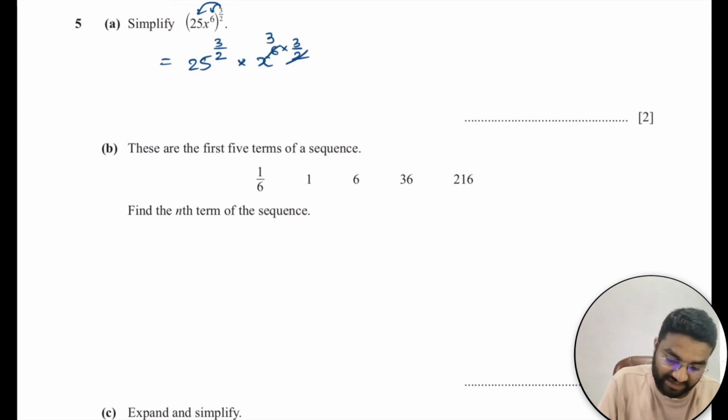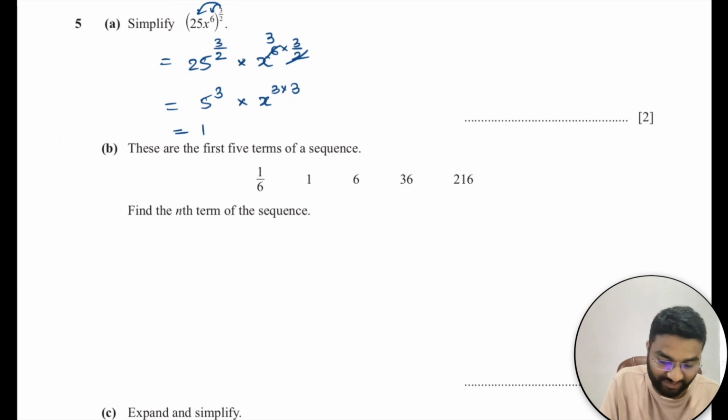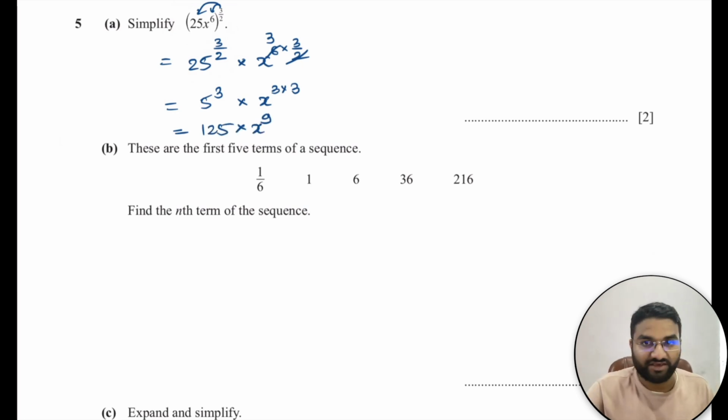Firstly you can take the square root of 25, which is 5. So 5 cube, and x to the power 3 times 3. And 5 cube is 125 times x to the power 9. That's it. If you write this step-by-step answer, you will get 2 out of 2 marks.